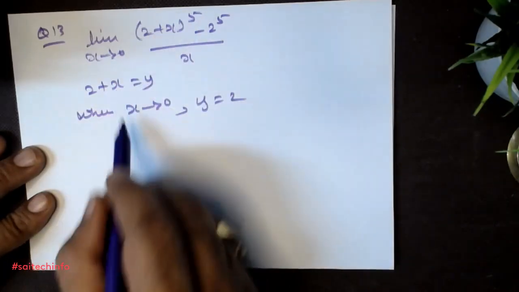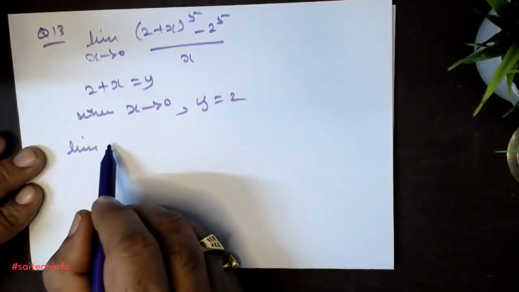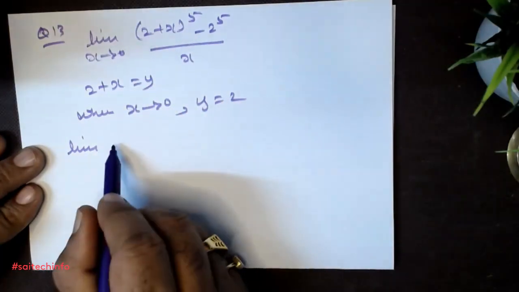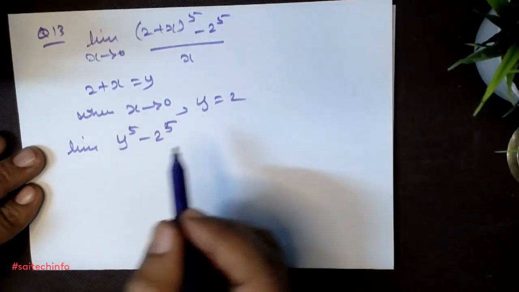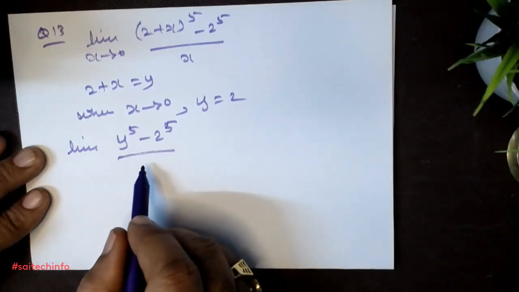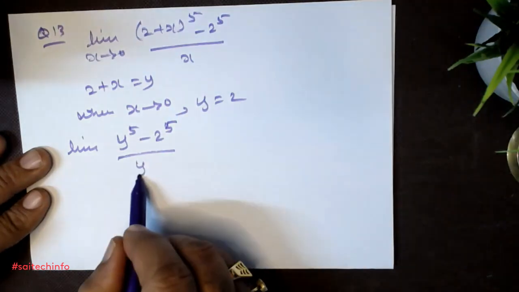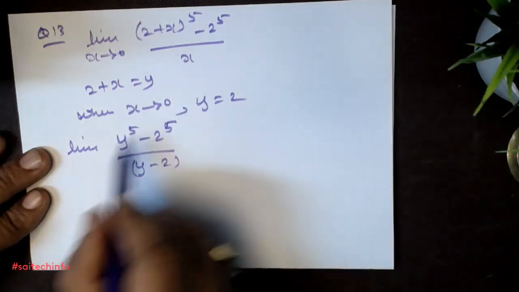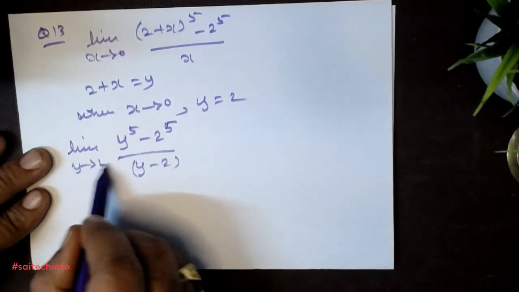So we can replace this. So limit, and now the variables are changed. Instead of 2 plus x you can put y power 5 divided by, and what is x? X is nothing but y minus 2. Okay, and here x tends to 0 means y tends to 2. Okay, got it?